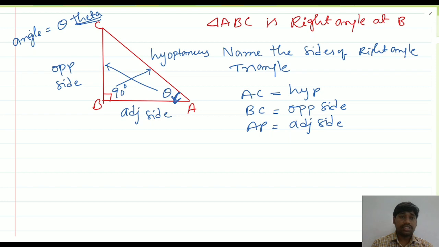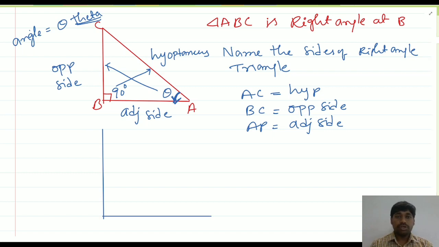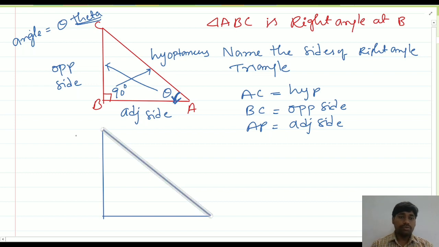Now, if another triangle is taken and the angle is present at C, then what can we do?